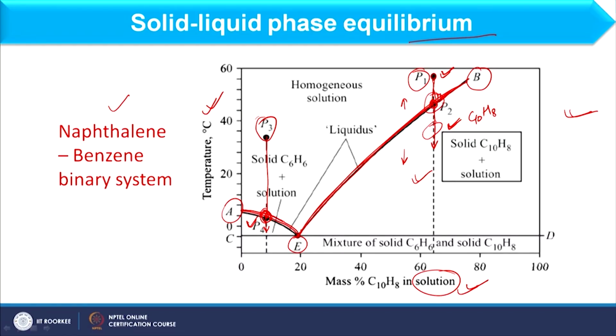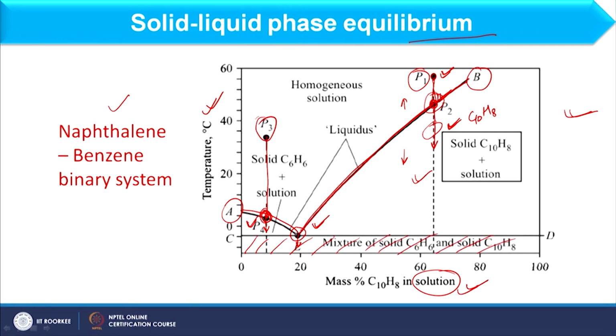So, this curve from A to E is basically the saturation condition where temperature and concentration will vary. Now, point E is called the eutectic point. When we consider this point E and reduce the temperature further, the whole solution is solidified, either benzene or naphthalene.